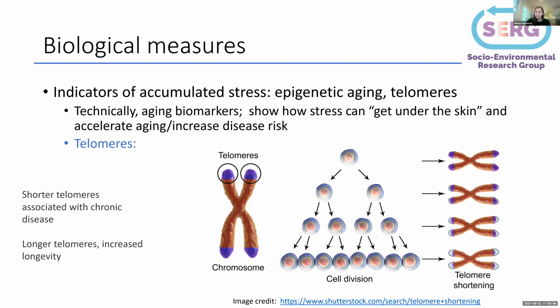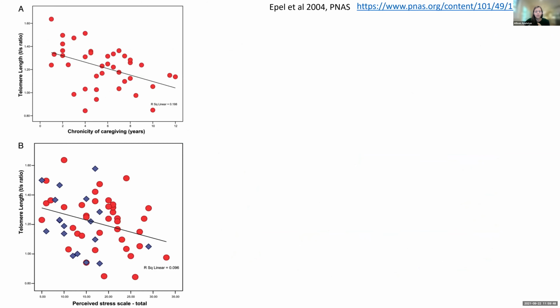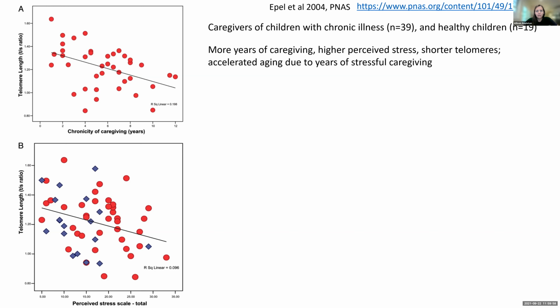So they're thought to be a biomarker of aging that is sensitive to exogenous exposures in our environment, like stress. One of the first studies that put this idea on the map was by Elissa Epel and colleagues, published in 2004. This was a study of caregivers of children who had chronic illnesses and caregivers of healthy kids.